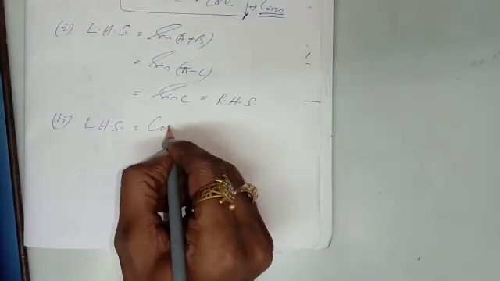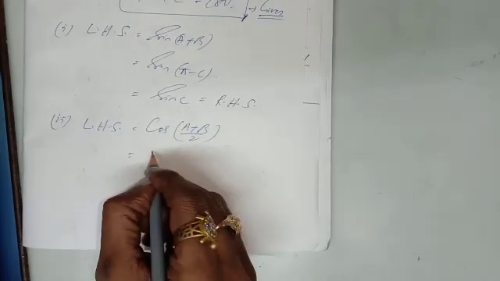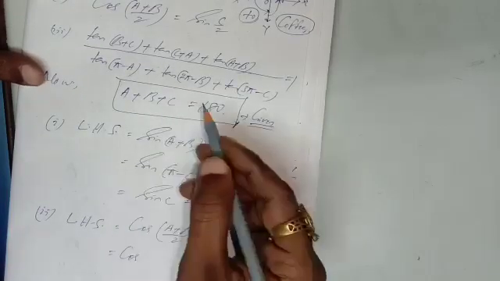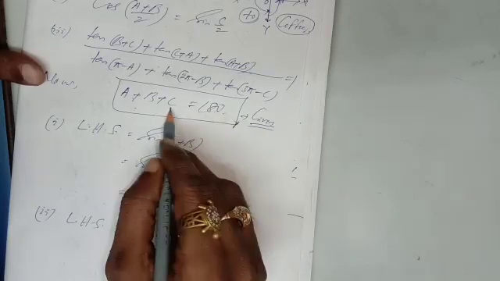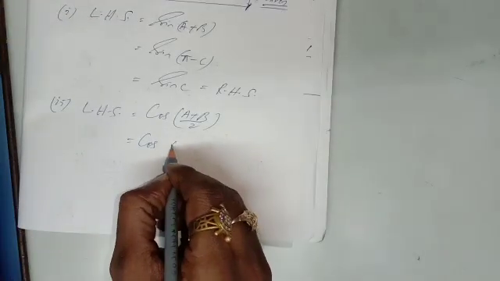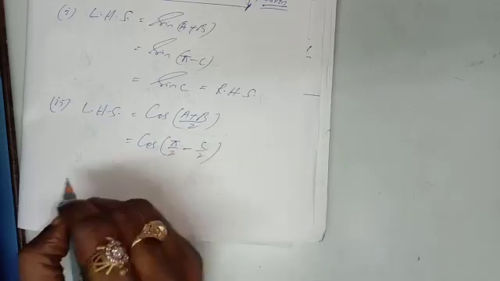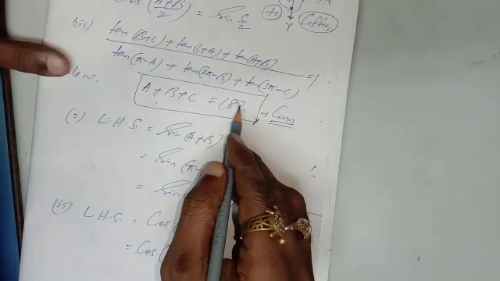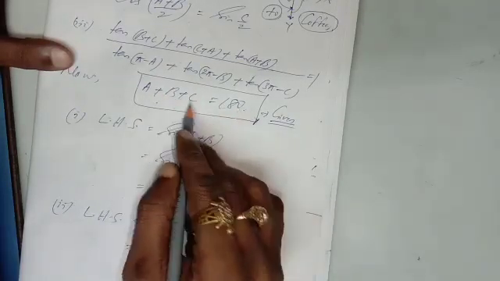What is given? cos((A + B)/2). As per the concept, A plus B plus C is 180, so (A + B)/2 is equal to how much? 90 minus C/2. Dividing by 2 on both sides, A/2 plus B/2 plus C/2 is equal to 90, and 90 means pi by 2. So (A + B)/2 will be 90 minus C/2.